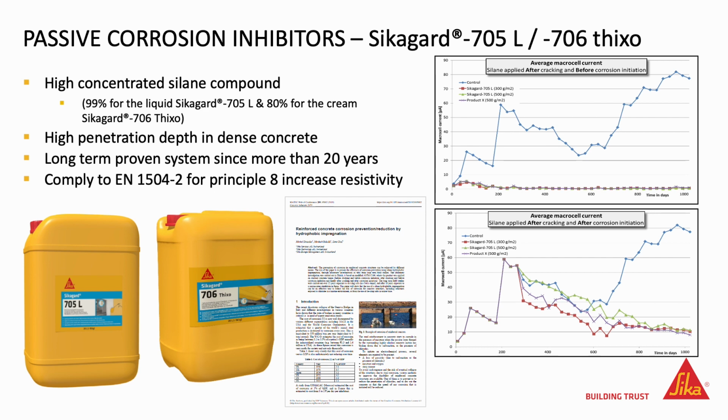Studies and publications in the last 10 years have shown their ability to arrest corrosion in certain conditions, even when the corrosion is already active, like in the curve presented in the picture in the bottom right, and to prevent corrosion when the silane is applied on cracked concrete prior to the initiation of the corrosion, as shown in the curve presented in the picture in the top right. Both products comply with the highest requirement of EN 1504 Part 2, especially in relation to the control of resistivity.